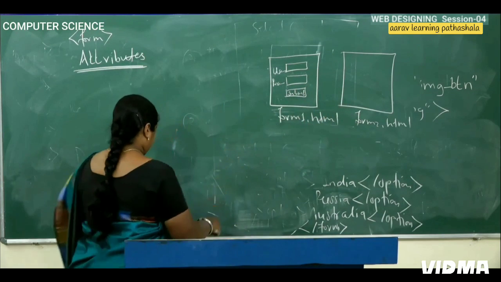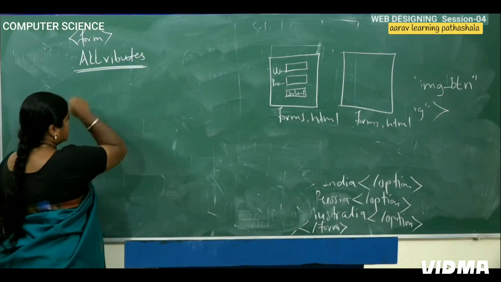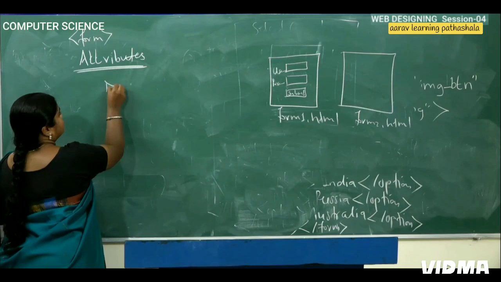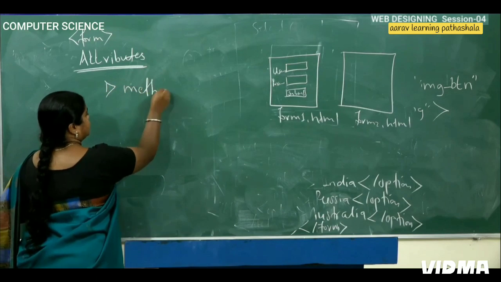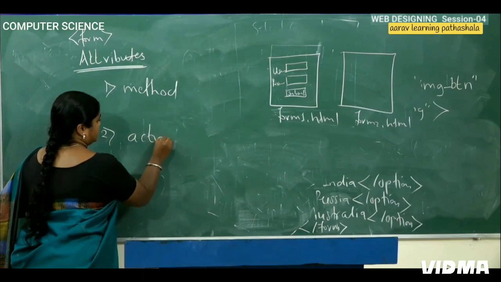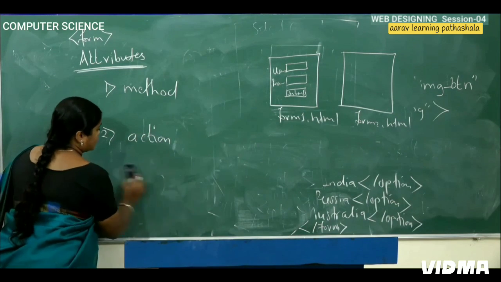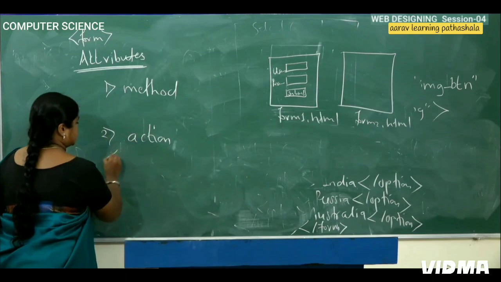So for that particular task, we are going to use the attribute method, and the second one is action. Now let's see how to write the tag for this purpose.